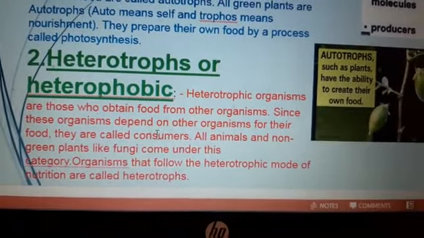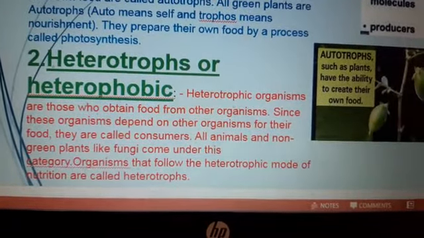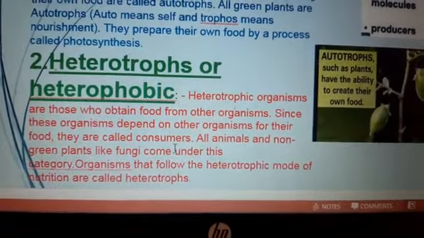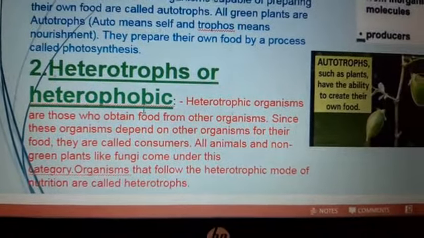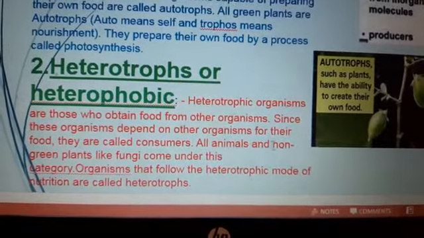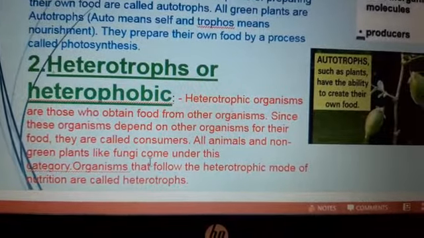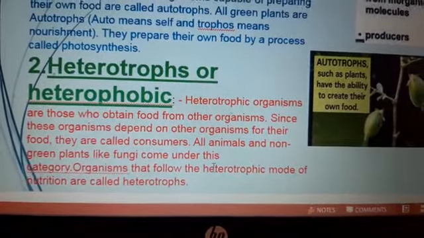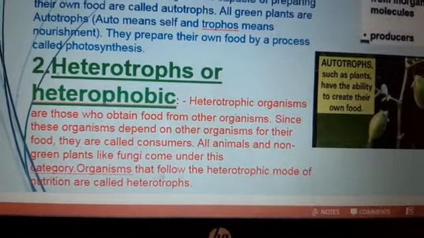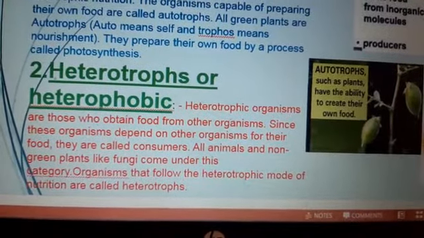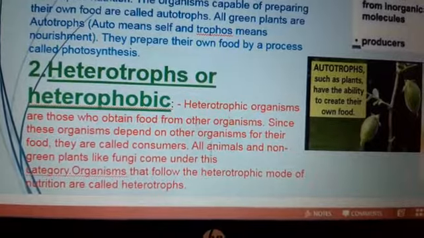Since these organisms depend on other organisms for their food, they are called consumers. The heterotrophs are called consumers. All animals and non-green plants like fungi come under this. Organisms that follow the heterotrophic mode of nutrition are called heterotrophs.